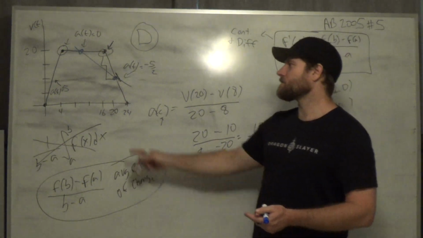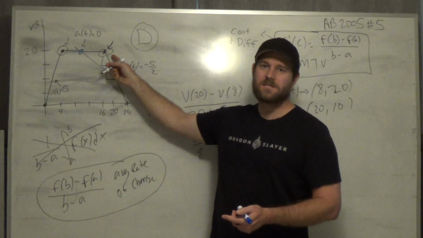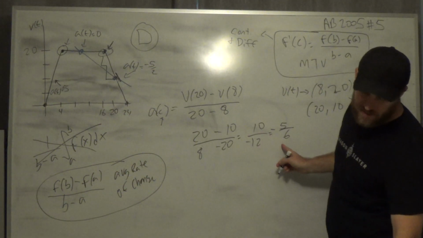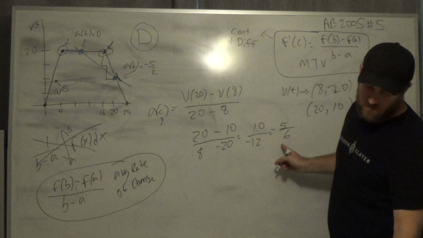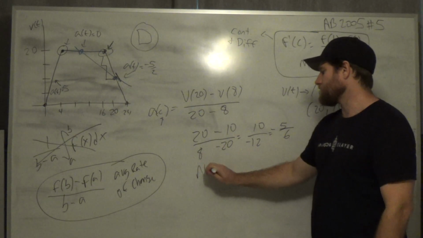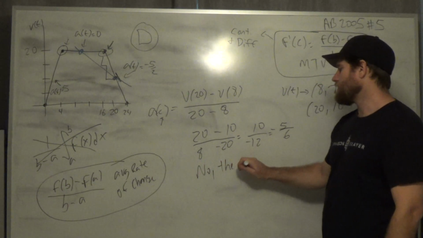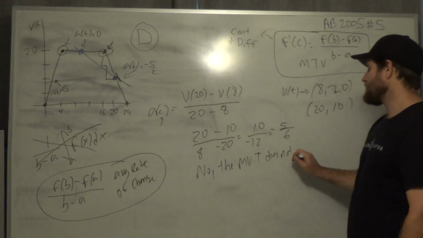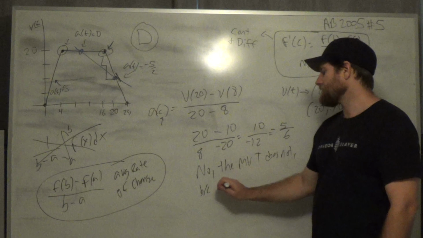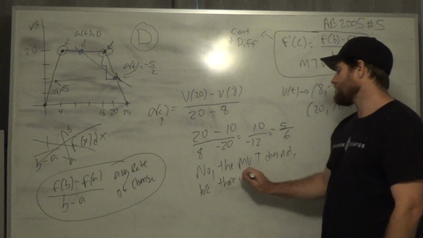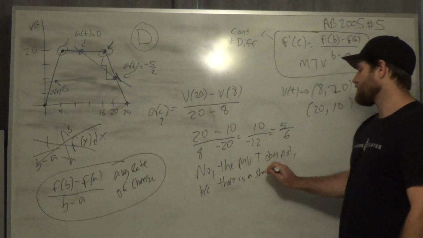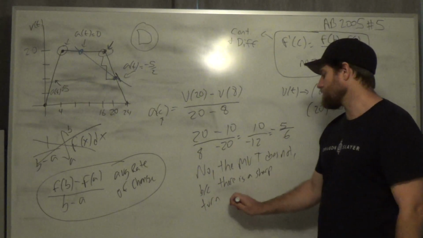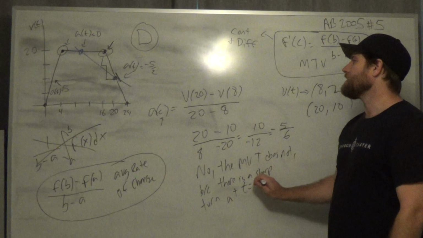Velocity is not differentiable at time equals 16 because there is a sharp turn. So the final question says, does the mean value theorem guarantee? The answer is no. The MVT does not guarantee because there is a sharp turn, or you could say not differentiable at time equals 16.